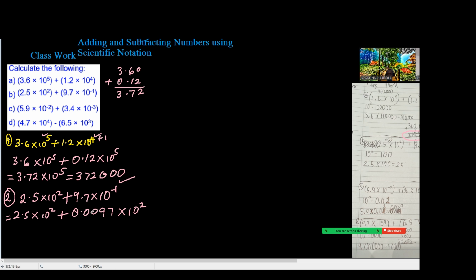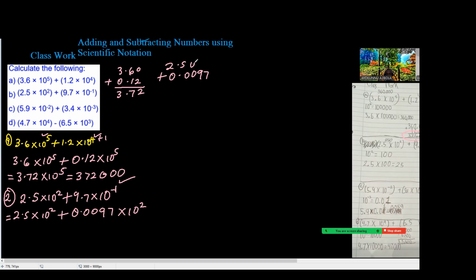So with that, I can now just literally add this together. Then they both share the power of 10 raised to the power 2. So let's add that one here. 2.5 plus 0.0097.